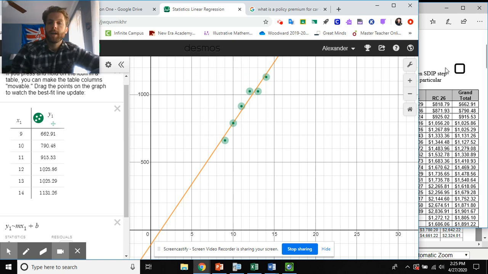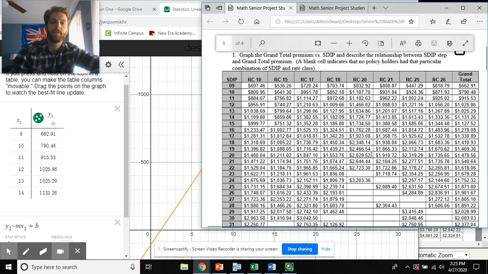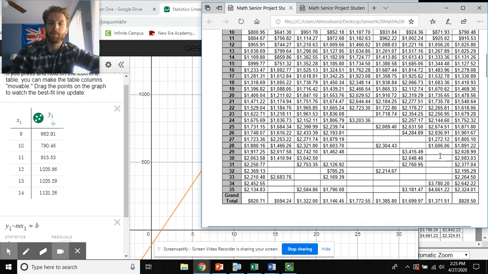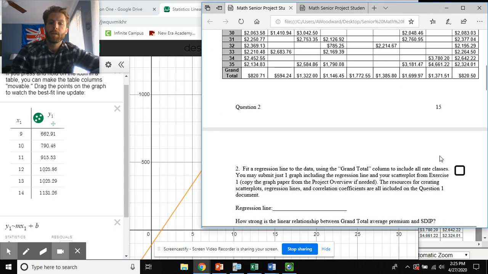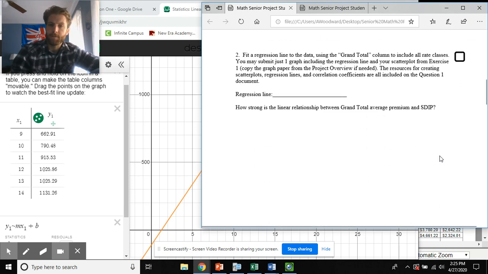Okay, so this is what you're doing for exercise 1. You're going to graph the SDIP levels and grand total, plot it on Desmos, and take a screenshot, just like we did before. For exercise 2, it's going to ask you to fit a regression line to the data. Fitting a regression line is automatically done by Desmos.